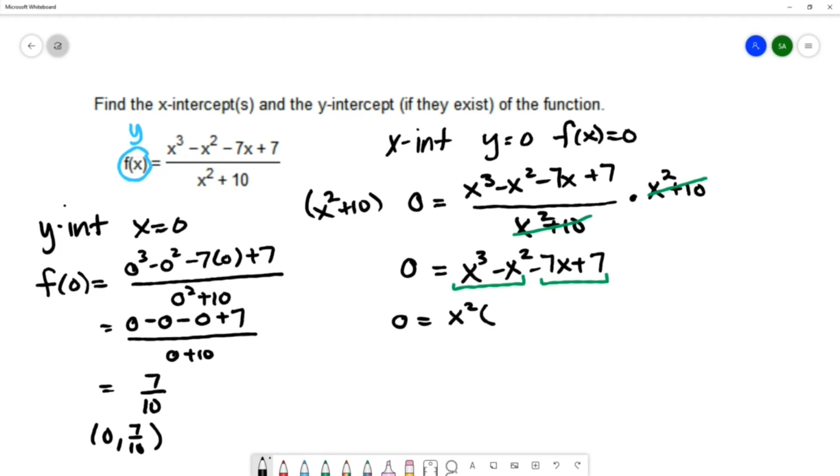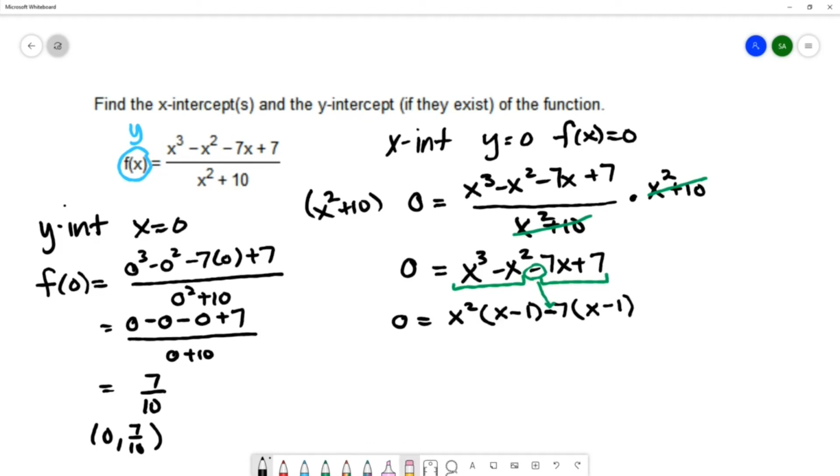If I factor that out, I'm left with x minus 1. For the other group, I want to factor out the greatest common factor. We've got negative 7x plus 7. They have a common factor of 7. And I also want to include this negative sign. I want to carry that down, make this a minus 7 for what we factor out. If I factor out that negative 7, I'm going to be left with x minus 1.